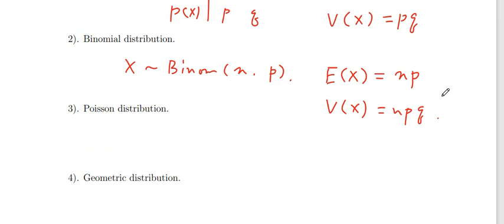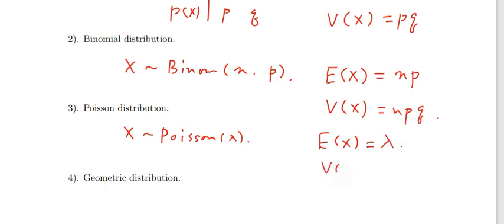So Poisson distribution. Poisson distribution has mean with parameter lambda, and variance is also lambda, the same.